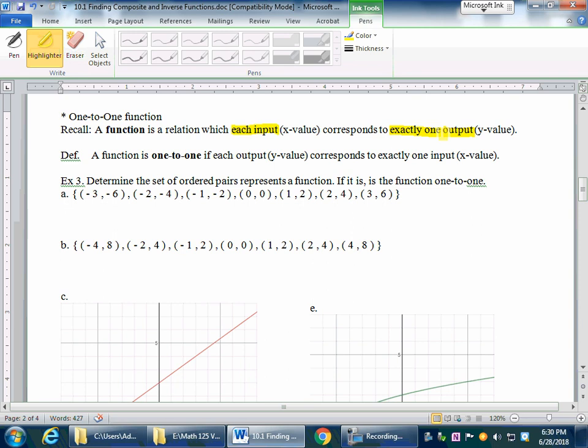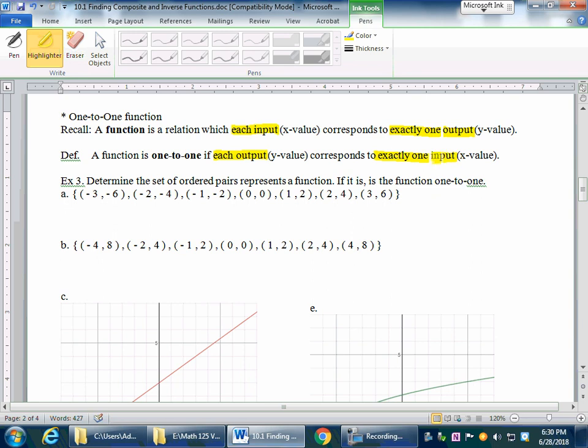One-to-one functions are basically the other way around, which has to be the same also. Meaning for every output, it must correspond to exactly one input value.